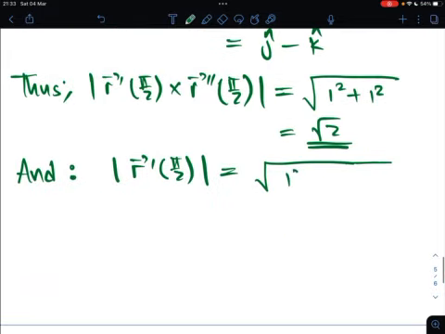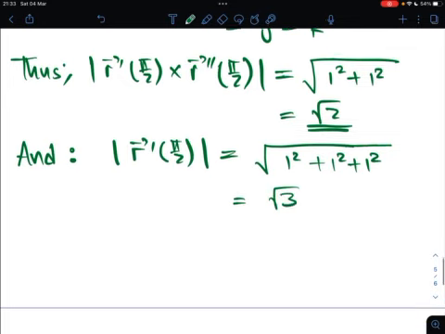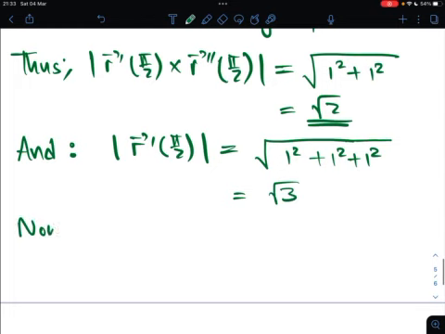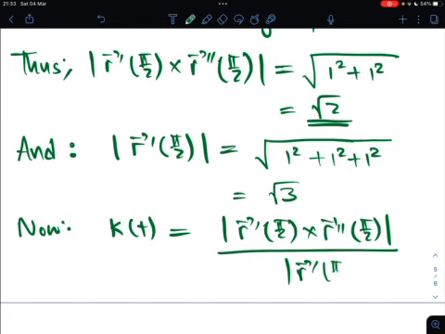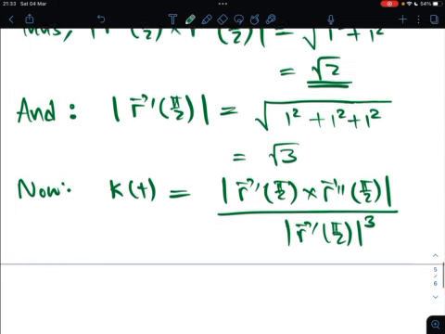So the absolute value is the root of 1 squared plus 1 squared plus 1 squared, which is simply root 3. So what do we know? The curvature of t is given by the magnitude of r prime of pi over 2 crossed with r double prime of pi over 2, over the magnitude of r prime of pi over 2, all cubed. I forgot the cube in the previous problem, which I'm going to fix after this.